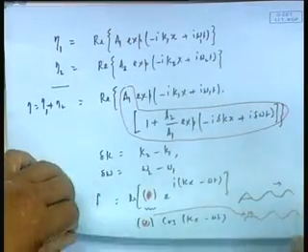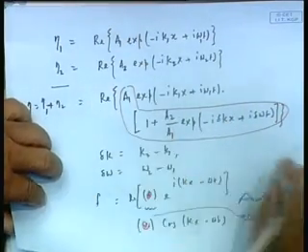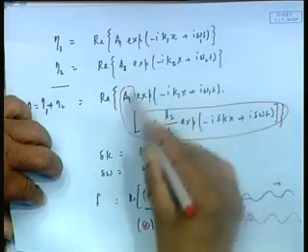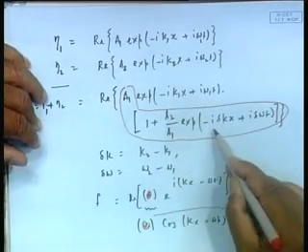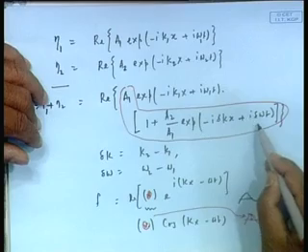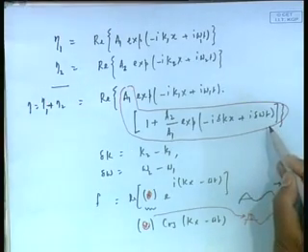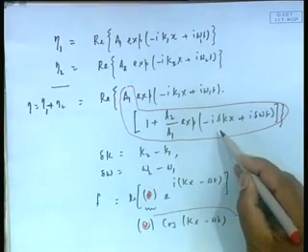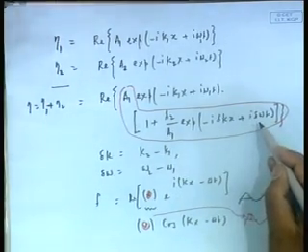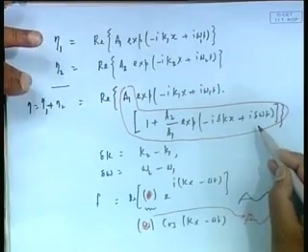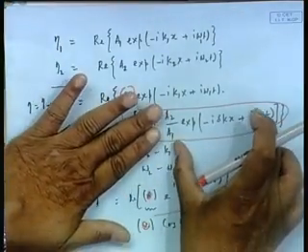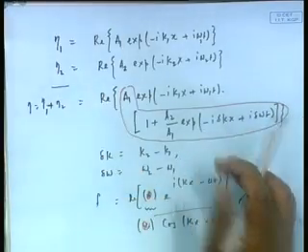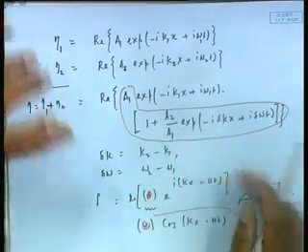Now, if you look at this part carefully, you will see that this itself is a waveform, because it itself has got e power of minus i dk x plus i d omega t. Basically, it itself is a waveform of wave number dk and frequency d omega and a speed d omega by dk. So, this means that the amplitude itself is an oscillatory curve and itself is moving.